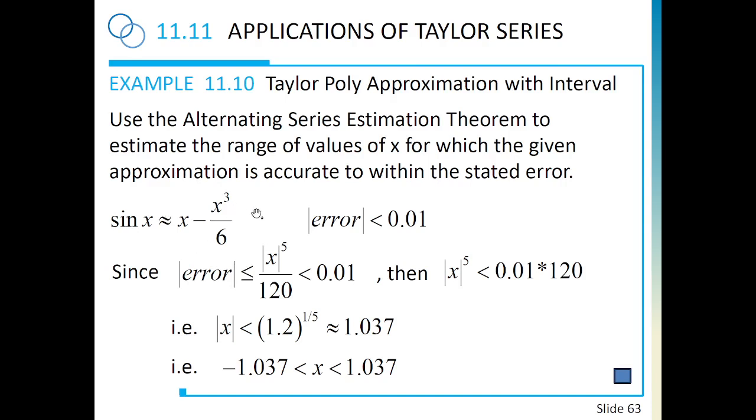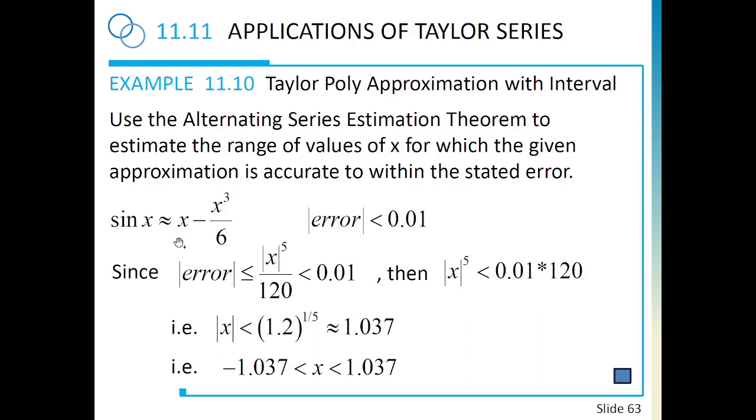In this case sine is an alternating series, and this was at x equals 0, so basically this is a Maclaurin polynomial of degree 3 and it's alternating obviously. So the estimate of the error will be given by the next neglected term in absolute value. So the error is smaller than |x|^5 over 5 factorial.